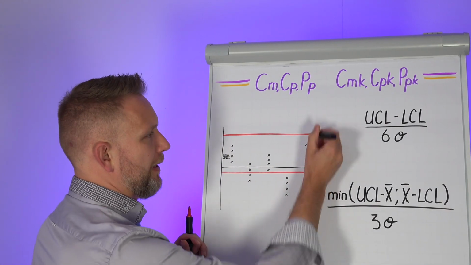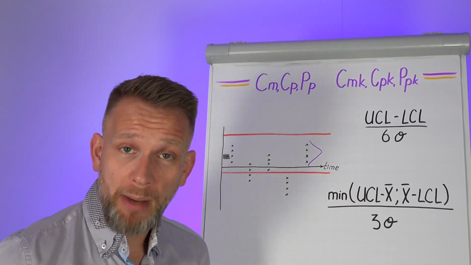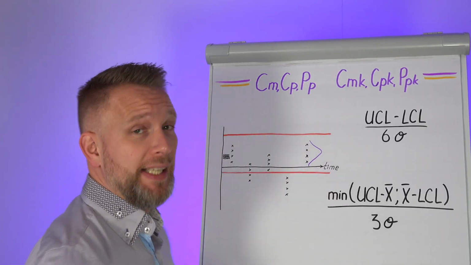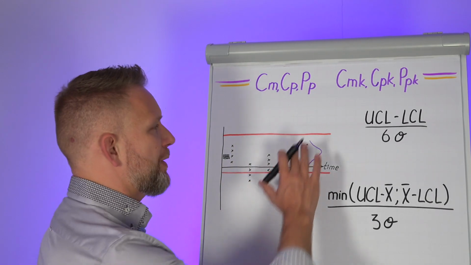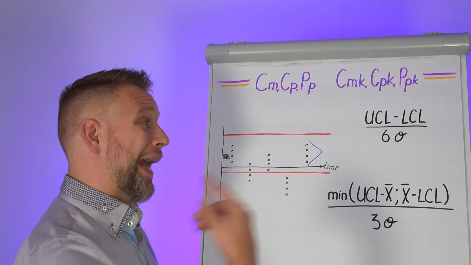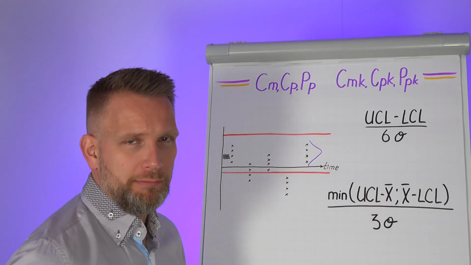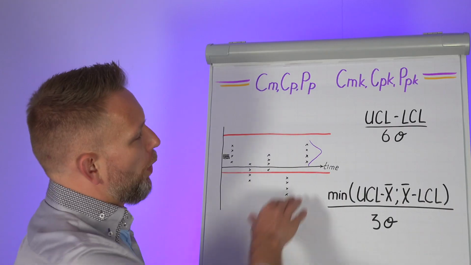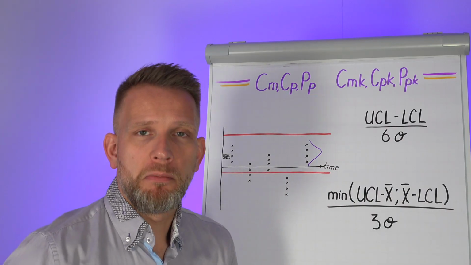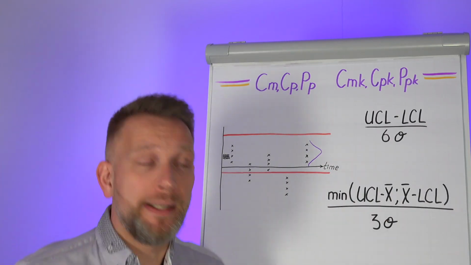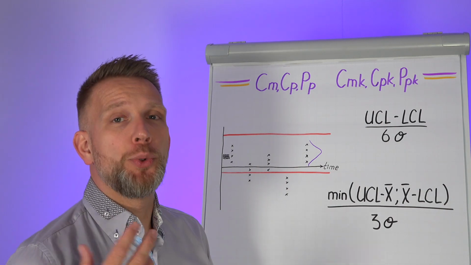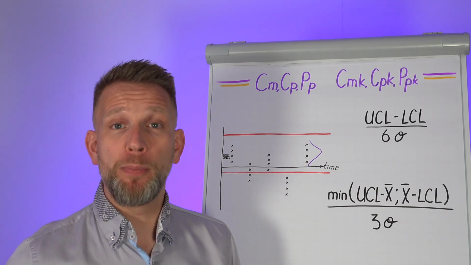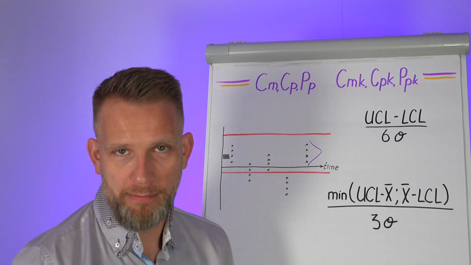Does that fit within our specification limits? Yeah, it does. In fact, it's nicely centered. It has some spare room on either side. When those 3 standard deviations, the usual way we draw one of these bell curves, fit well within the specifications, then you know that your capability indices will be more than 1.